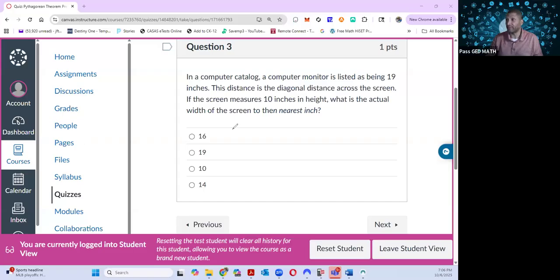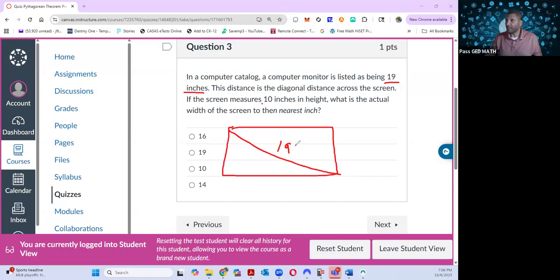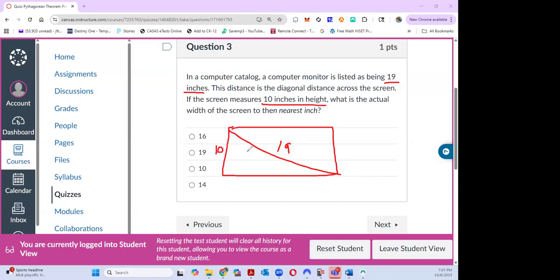This is my TV. What's given? A TV is listed as 19 inches. The distance is the diagonal distance across the screen. Well, that's the diagonal right there. That's my 19. The height is 10 inches. I know that's 10.